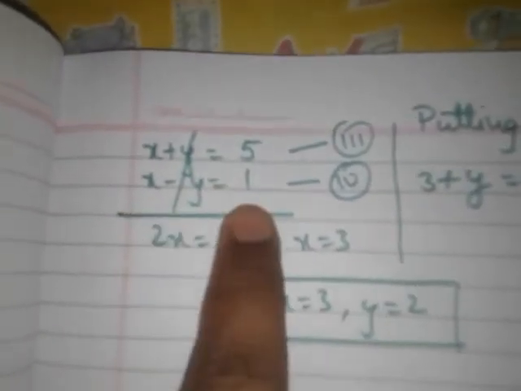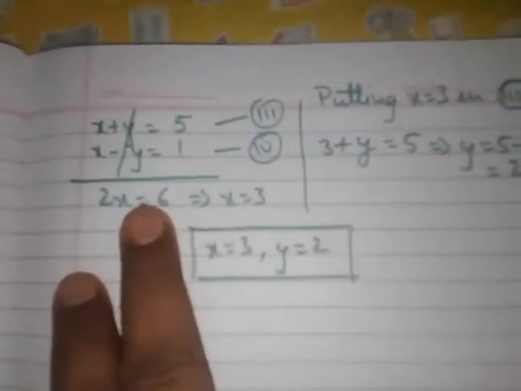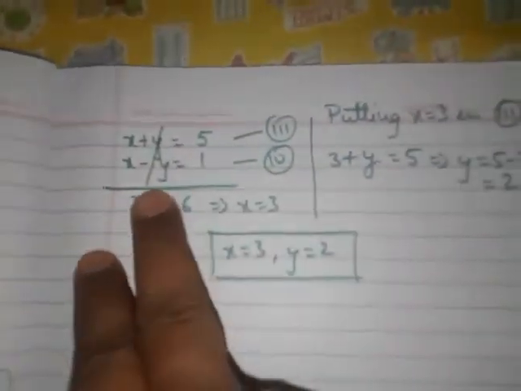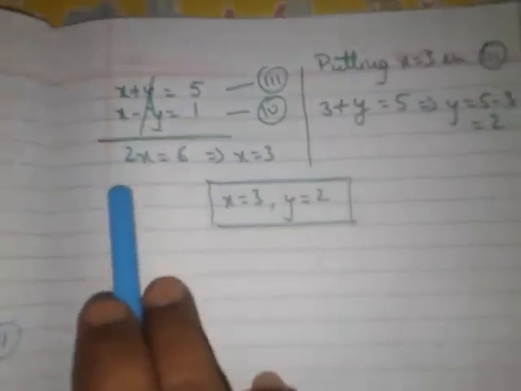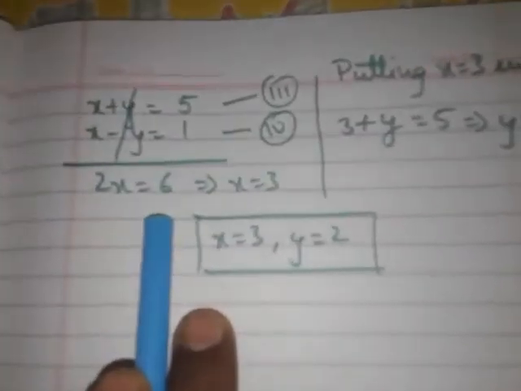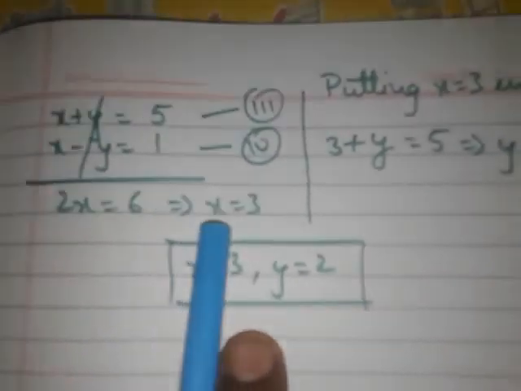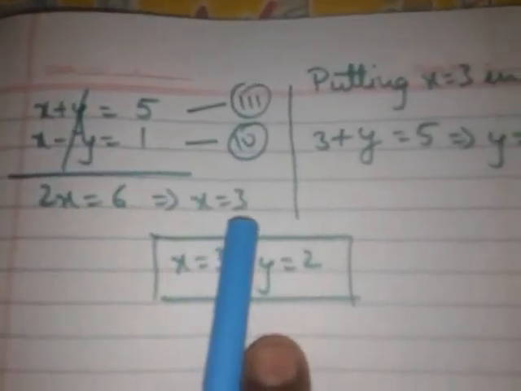Now we will solve these two equations. x plus y is equal to 5 and x minus y is equal to 1. Let us add both of them. The y's cancel each other, so we have 2x is equal to 6, and x will be equal to 3.